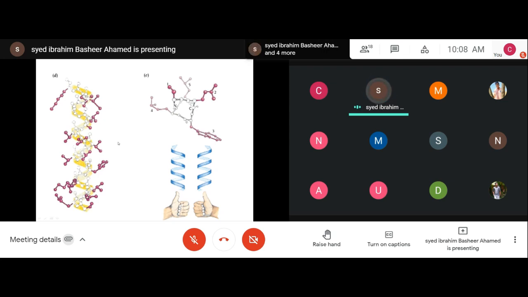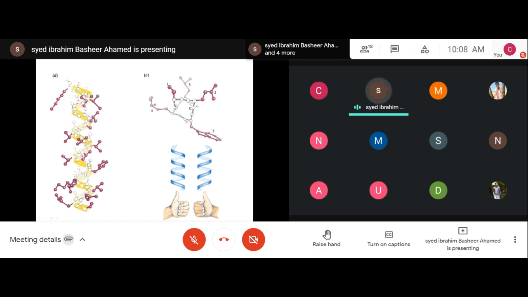Most of the time the hydrophobic amino acids in the alpha helix face towards the center of the protein, and the hydrophilic amino acids face towards the surface of the protein.